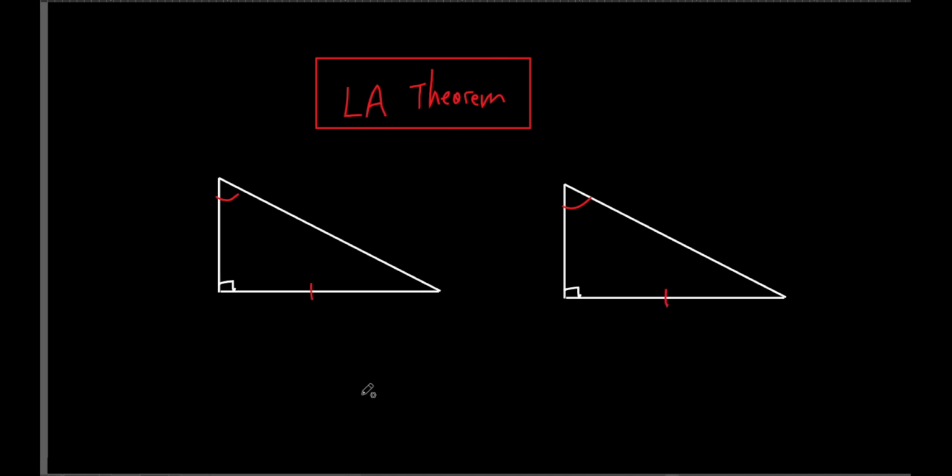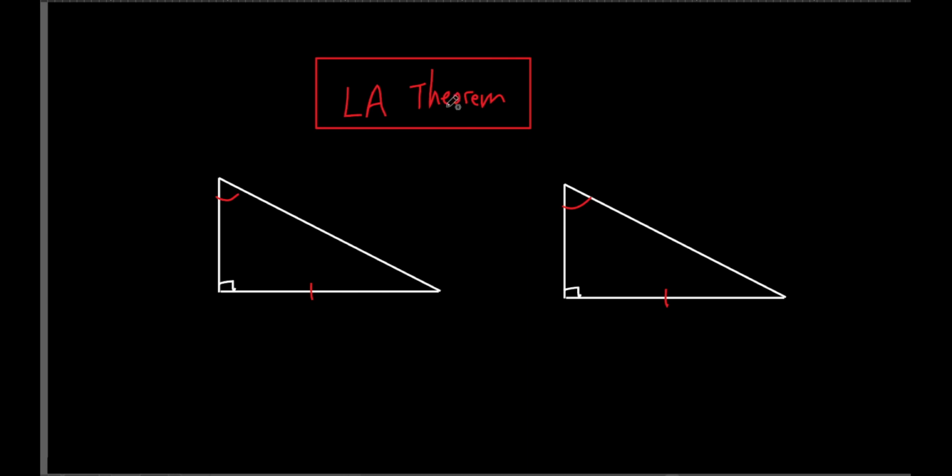What would this also be? What would the old way to call these triangles congruent? Angle, angle, side. We kind of already did that before, didn't we? But now we're not going to talk about that angle right there. What did they give us? A leg and an angle. Everybody see that? So this would be leg angle as well.